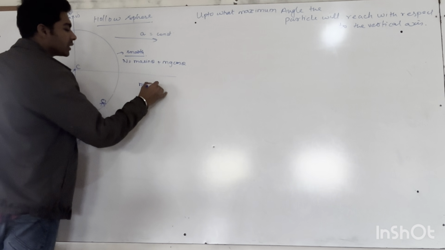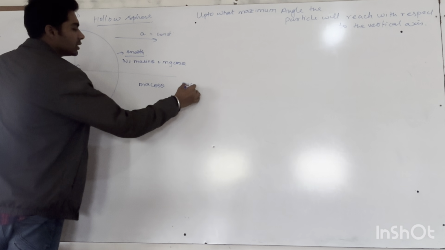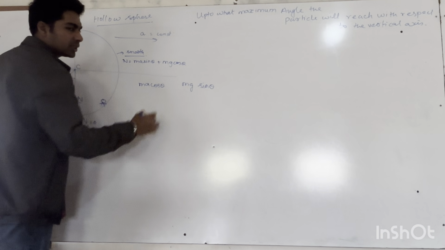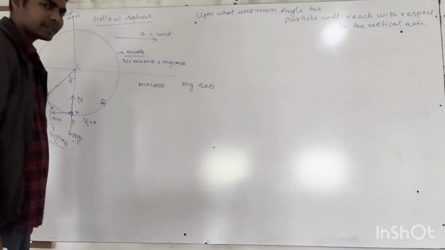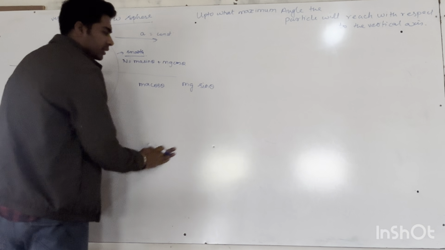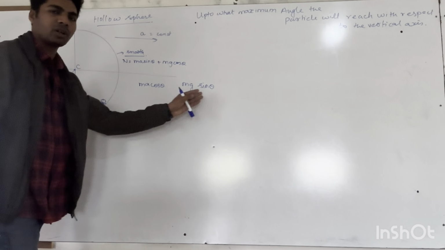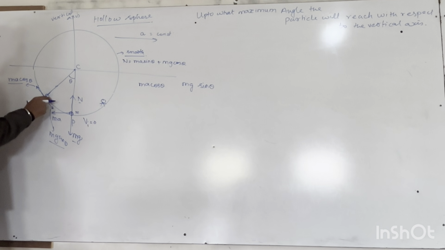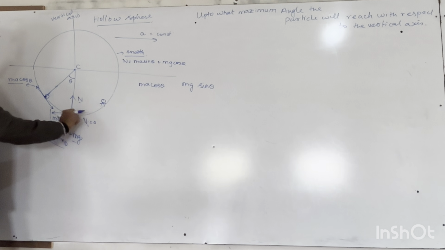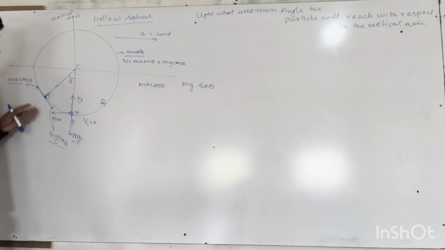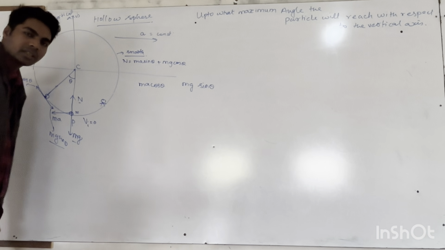ma cos theta and mg sin theta, which force is greater? Initially, because the net of these two forces will apply the force on this particle, the particle is having a net force in this direction, so it moves further upward.